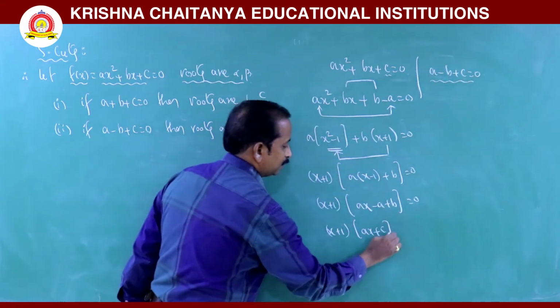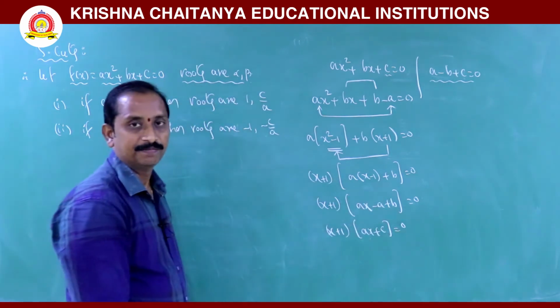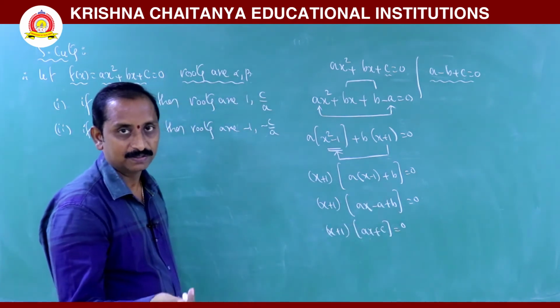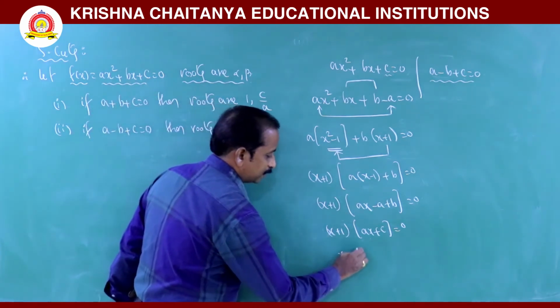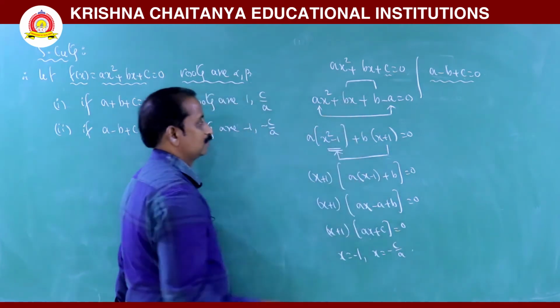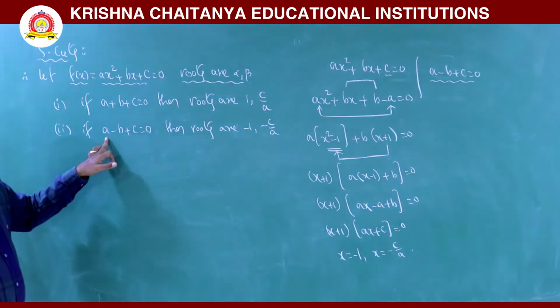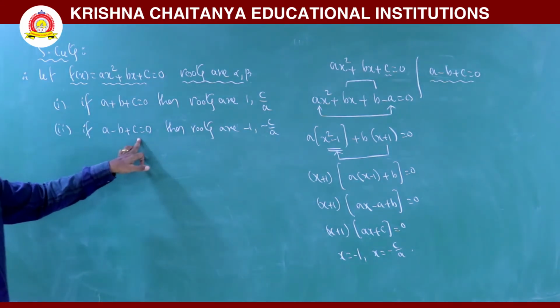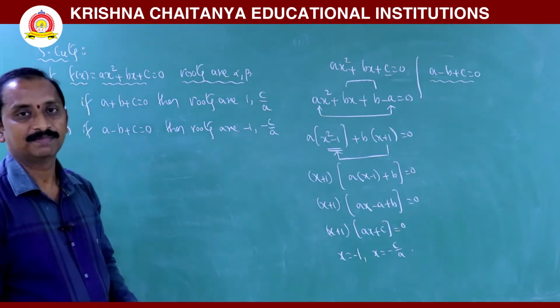So plus c is equal to 0, and again it is in the form a into b is equal to 0, a is equal to 0, b is equal to 0. So x is equal to minus 1, x is equal to minus c by a. So therefore in the polynomial f of x is equal to 0, a minus b plus c is equal to 0, roots are nothing but minus 1 comma minus c by a.